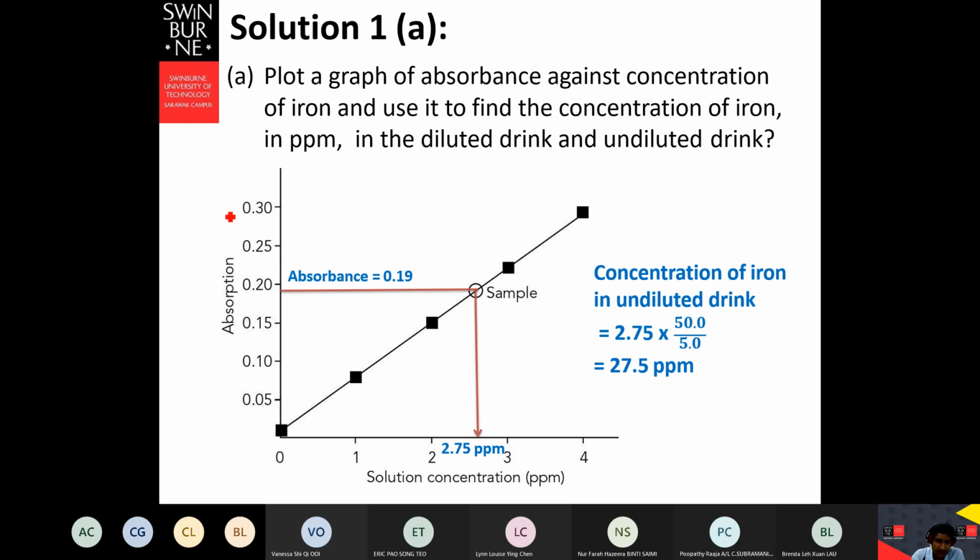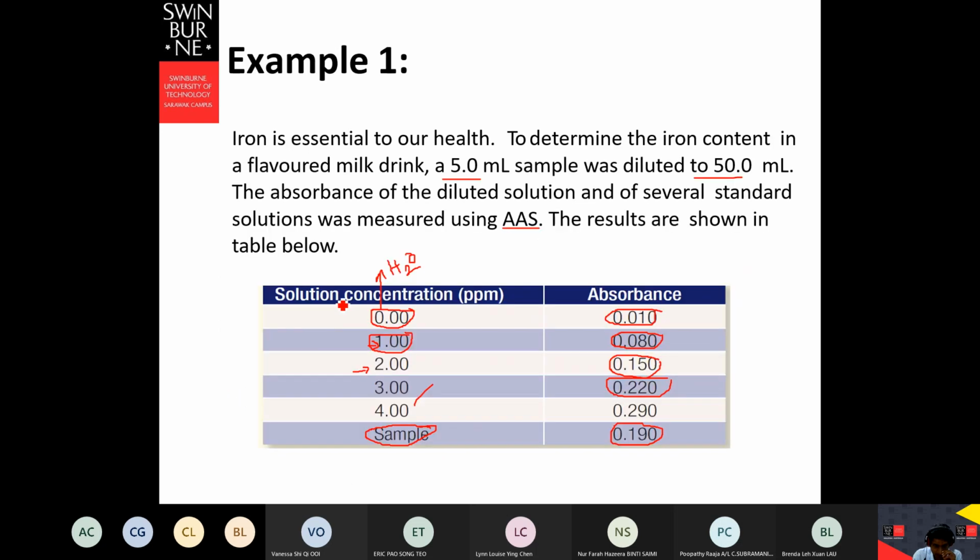And now I want to find out what is the concentration of iron in my milk drink. So I plot a graph using all the standard samples I had. At 0 ppm concentration, the first one was 0, right? The absorbance was 0.1.